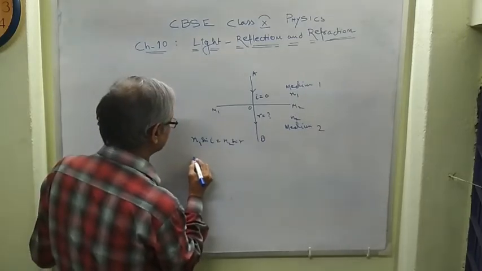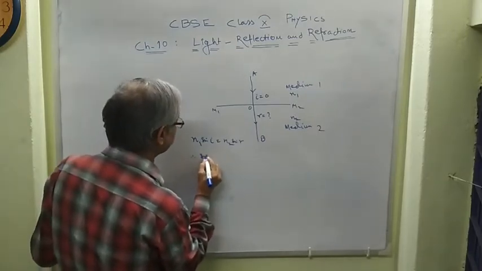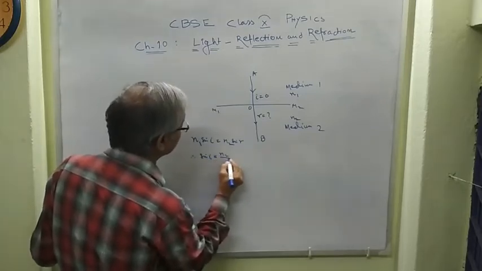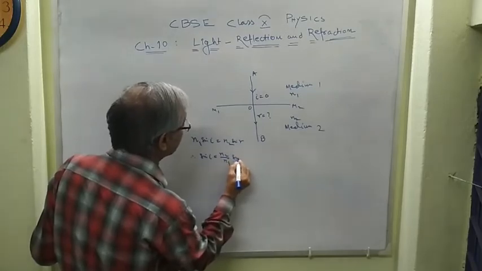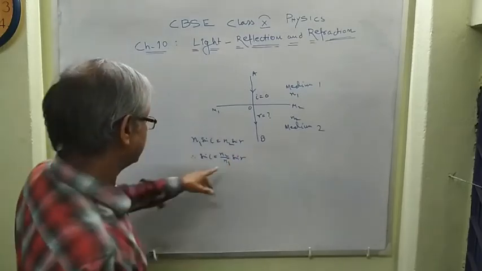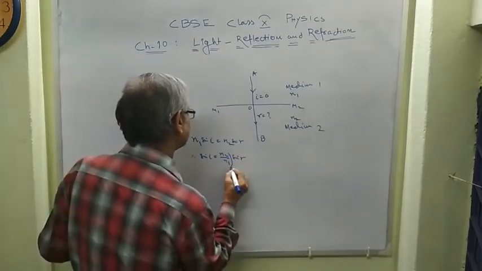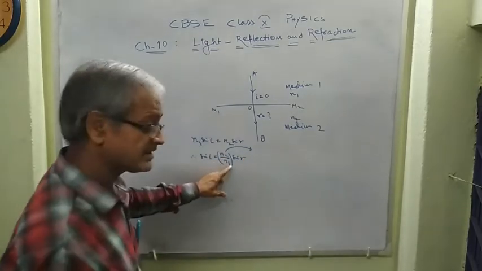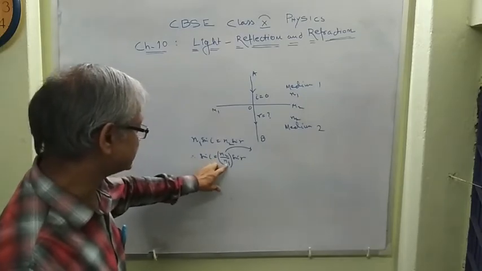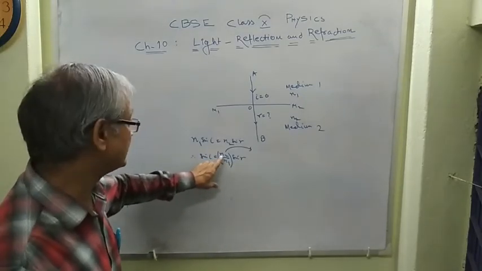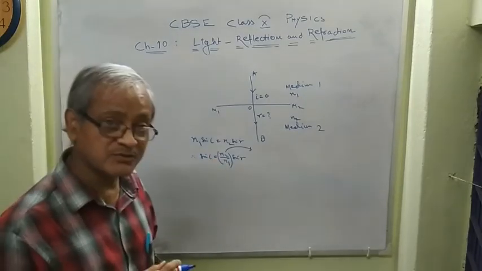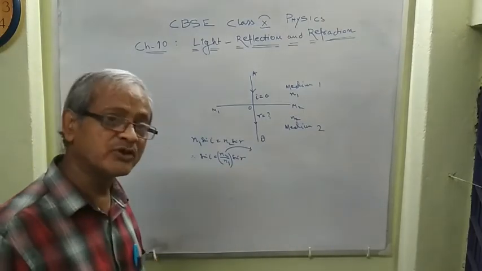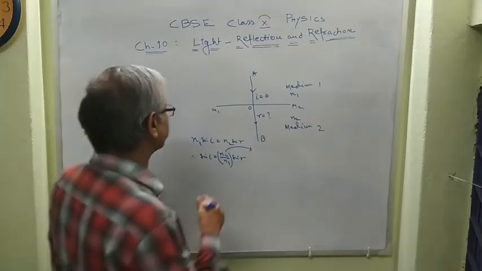Now, therefore, sine I equal to N2 by N1 sine R, right? N2 is the absolute refractive index of the second medium, and N1 is the absolute refractive index of the first medium, right?